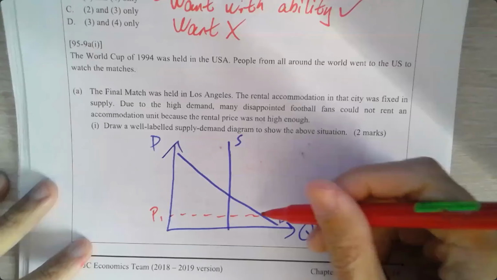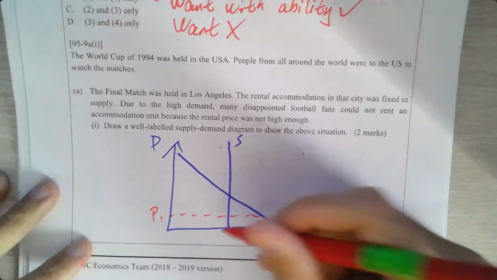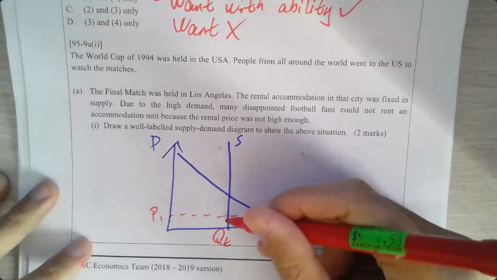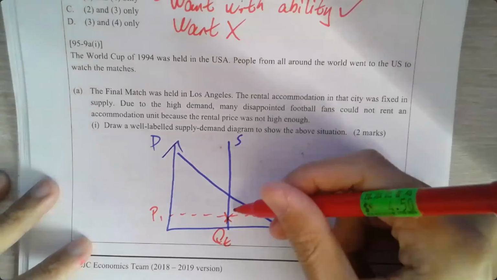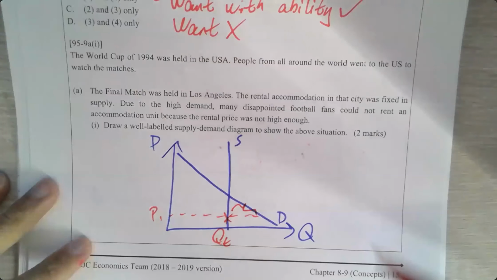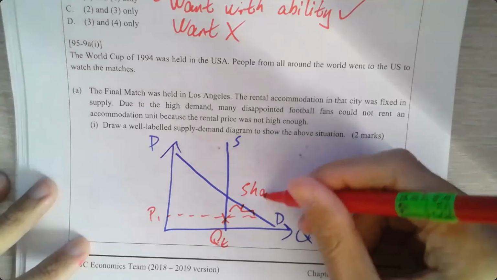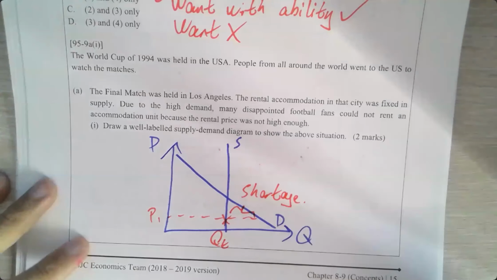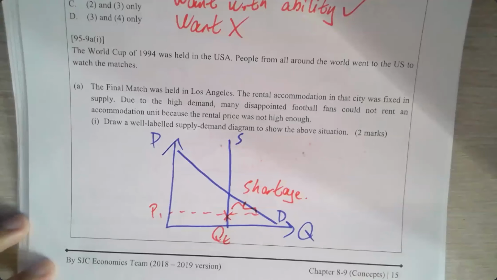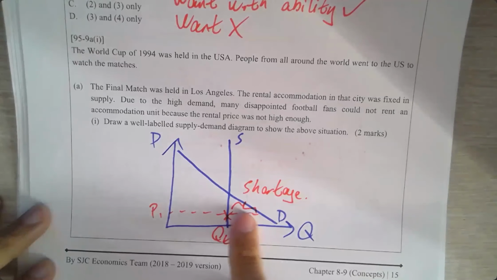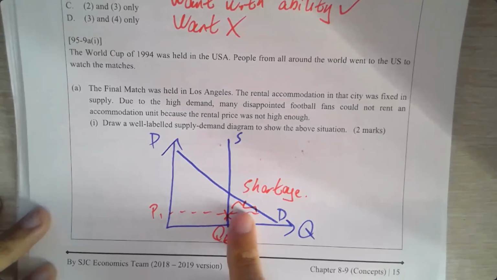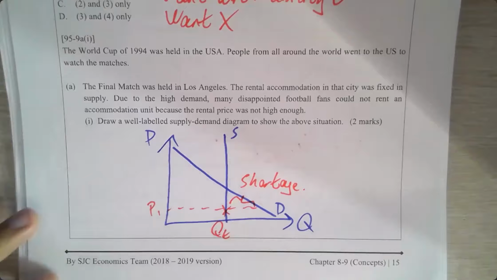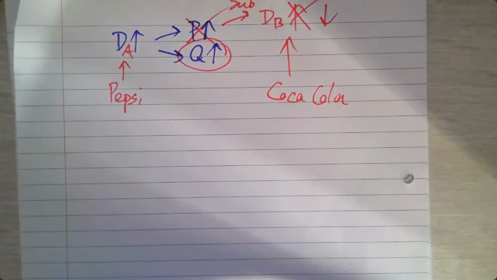Therefore, the quantity transacted is only up to here. What do we call this part? This is what we call shortage. It's not enough. This part of people could not get hotel accommodation. So that is shortage. Okay, now I think there are 2 more questions.